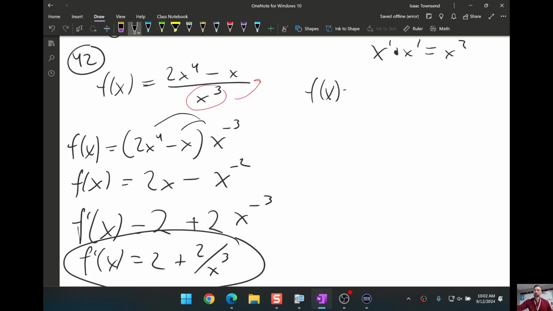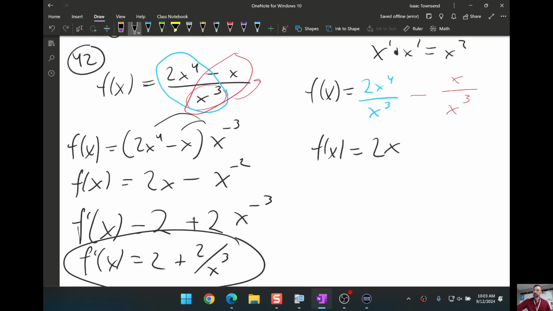The other thing you can do is use fraction properties. You can always split up numerators. You can't split apart denominators, but you can split apart numerators. So I can put 2x to the fourth over x to the third, as long as I also put x over x to the third. And then this fraction simplifies to just be 2x.